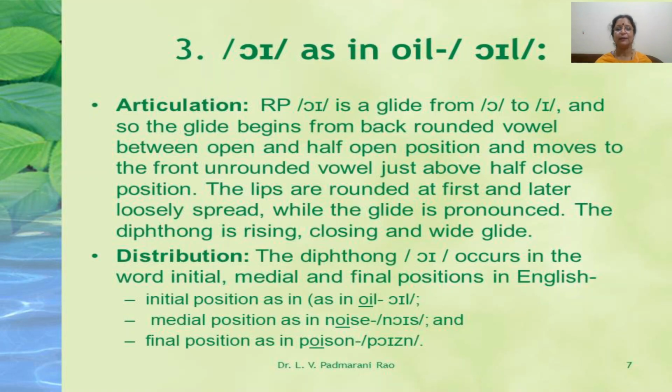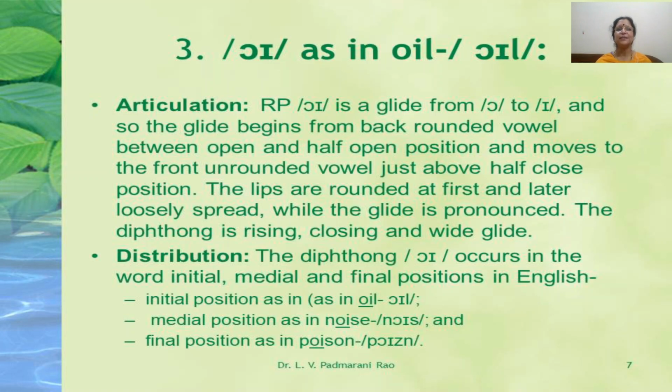During the articulation of this glide, RP OI is a glide from O to E. The glide begins from a back, rounded vowel, between open and half open position, and moves towards the front, unrounded vowel, just above the half closed position. The lips are rounded at first and later loosely spread while the glide is pronounced. The diphthong is rising, closing, and wide glide.